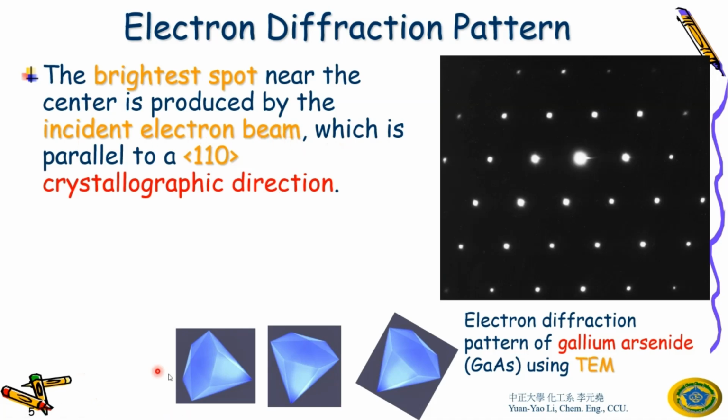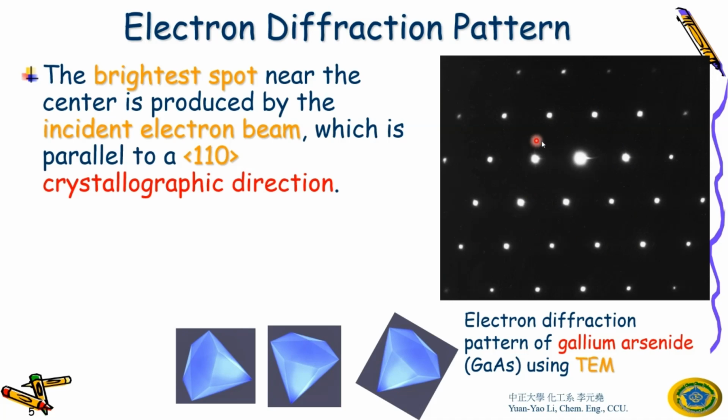So if you have the electron beam shooting in this direction, this is the center, okay? And it is parallel to a 110 crystallographic direction. What does that mean, 110? 110 is a direction of this crystal. As I just told you, we want to address the point, the direction, and the plane in a crystal. So when the beam is in this direction and you put this crystal in a different location, at a different angle, you will get different patterns.